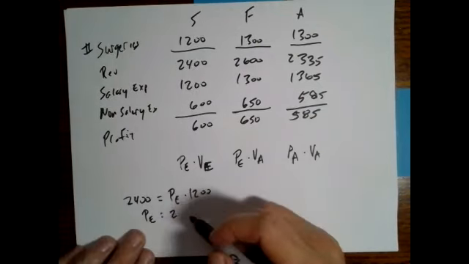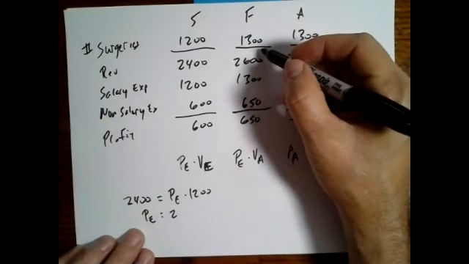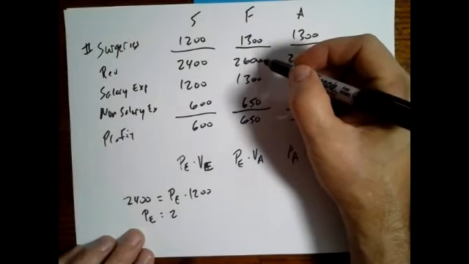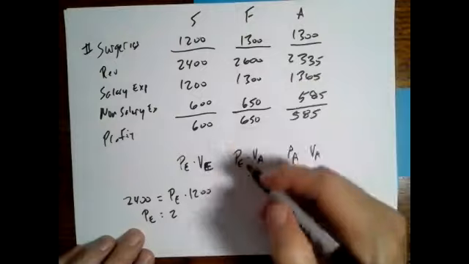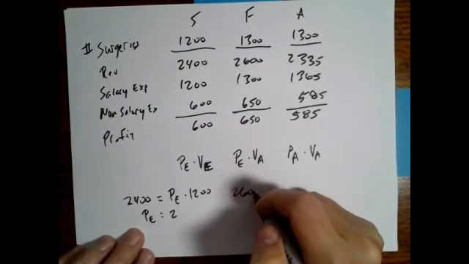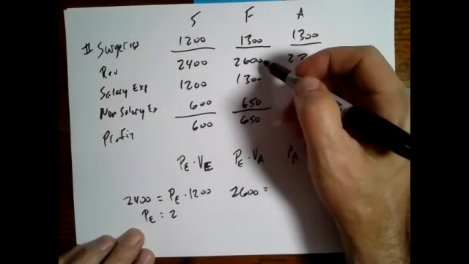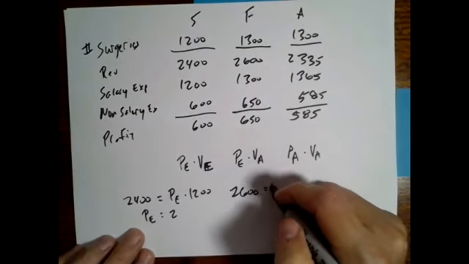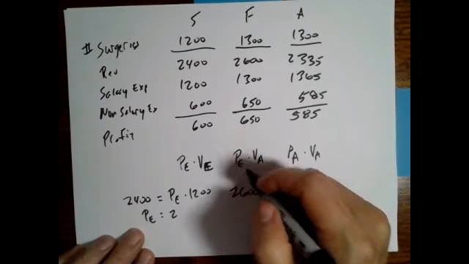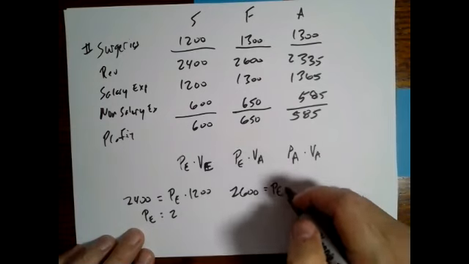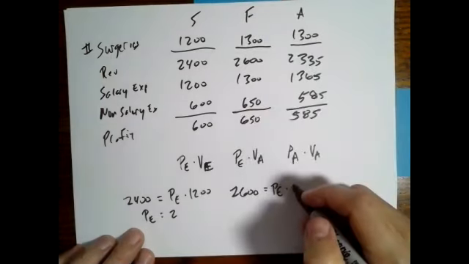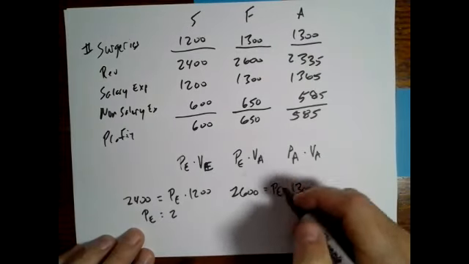So the price expected would be 2. And then if we look here, you can kind of confirm that because flex revenue is 2,600. We have price expected times volume, 1,300.